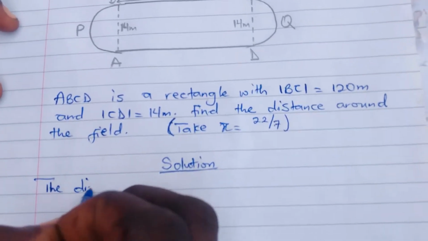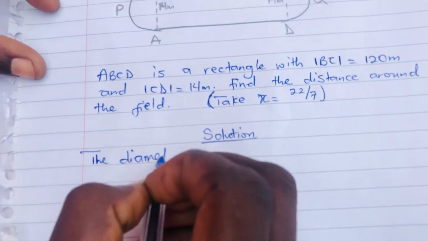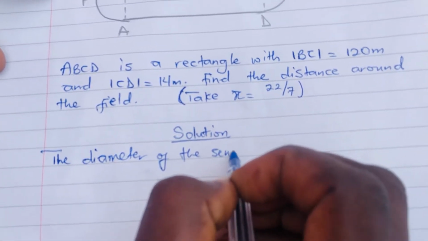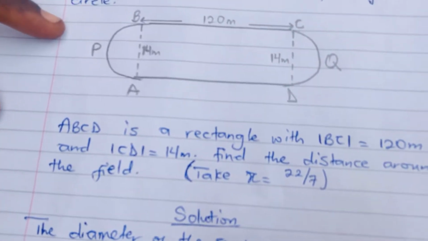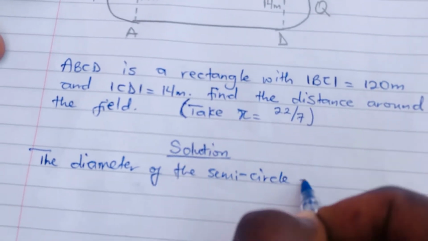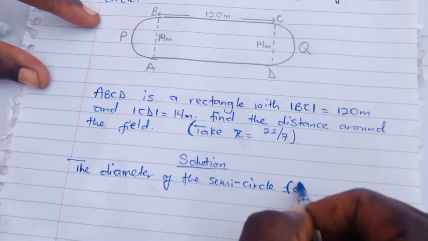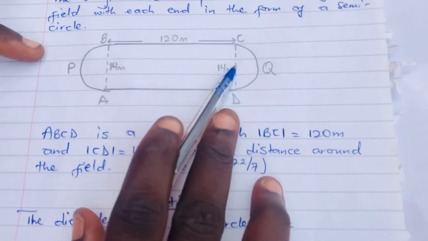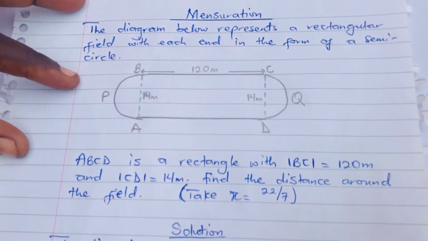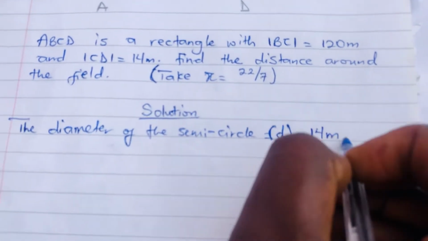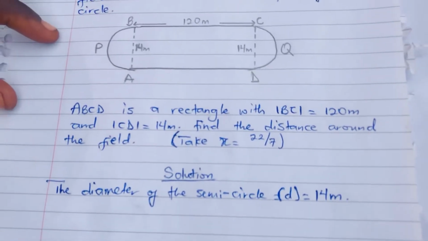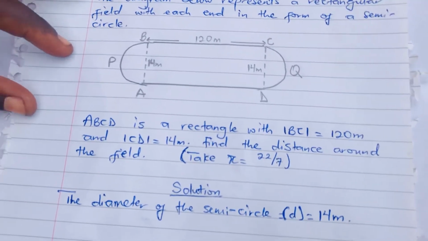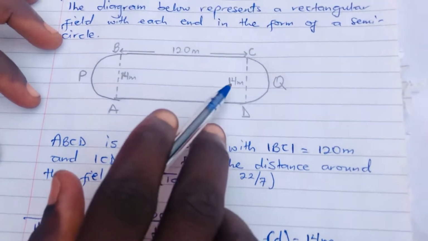So let's do it. Okay, so from my diagram, what is the diameter? The diameter is 14 meters. Good. So after getting our diameter, we now have to find the radius from the diameter.